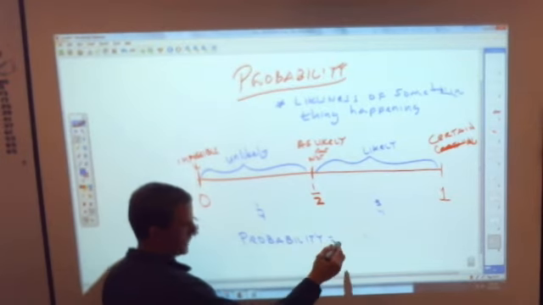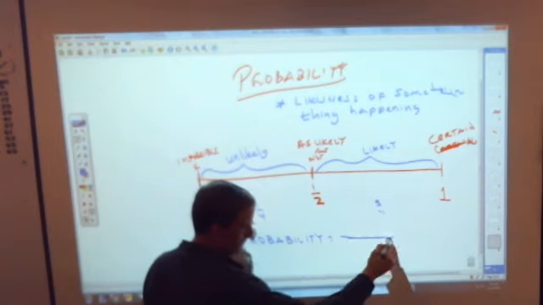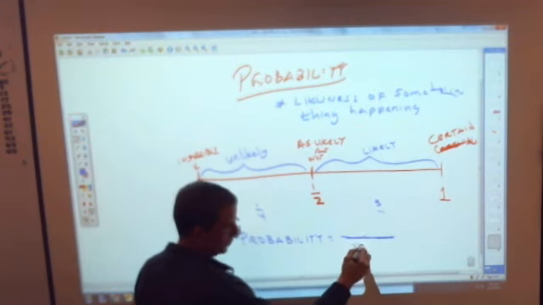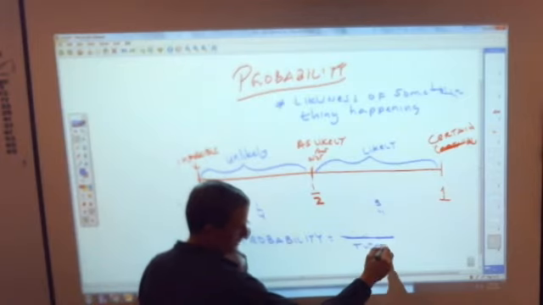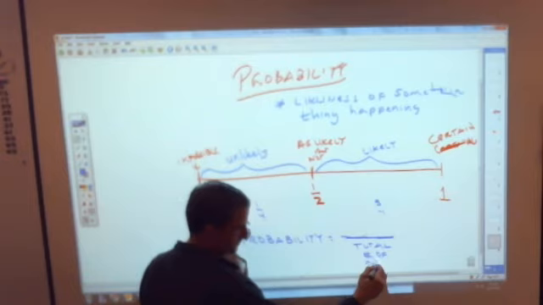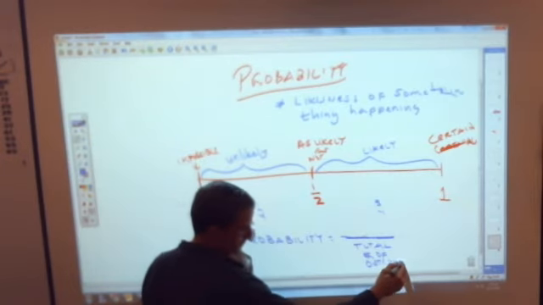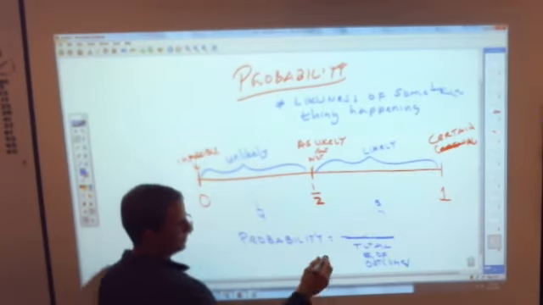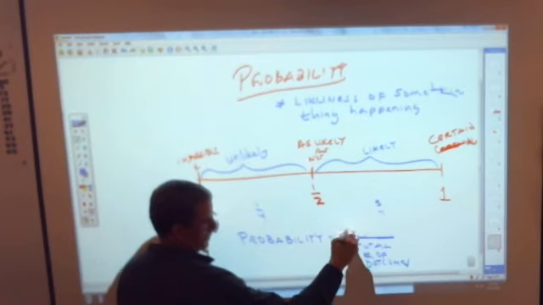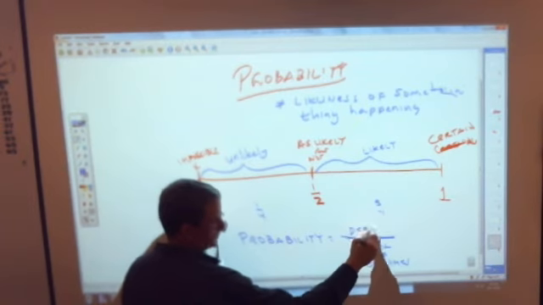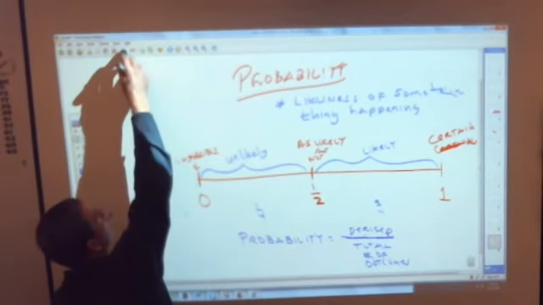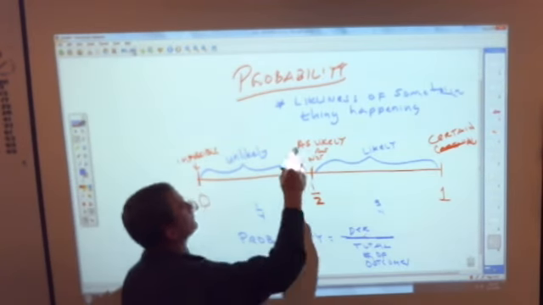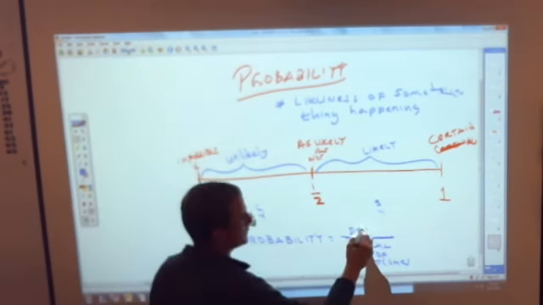On the bottom of the fraction is the total number of outcomes. On top is the desired one.